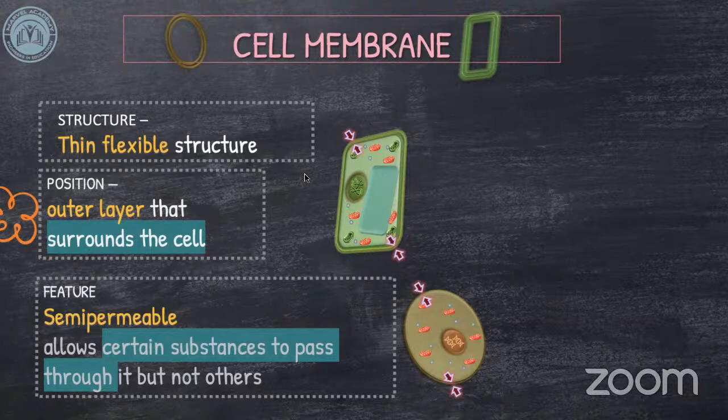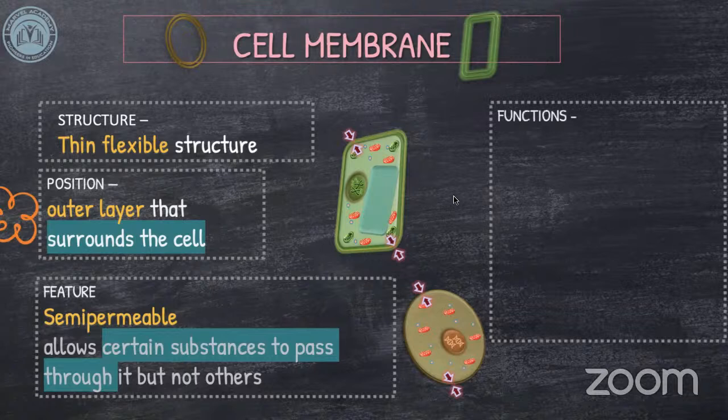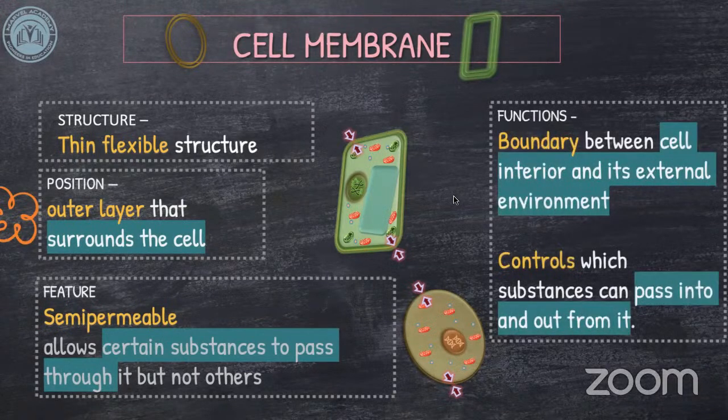So that's why this is a cell membrane. It is a thin, flexible structure. I would like to give you another definition: it controls the entry and exit of materials. These are the functions: a boundary between the cell's interior and the exterior environment.